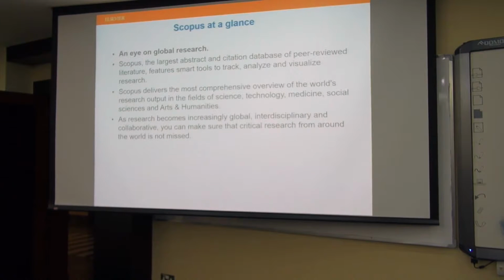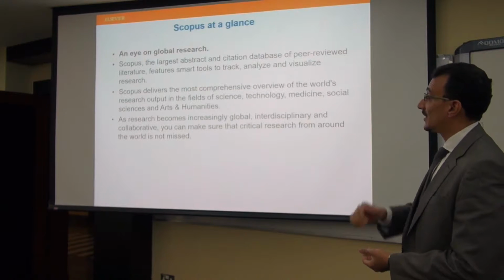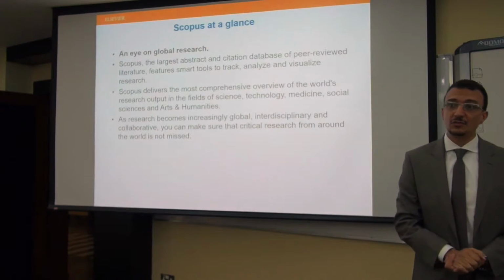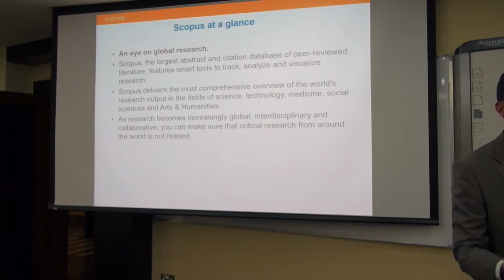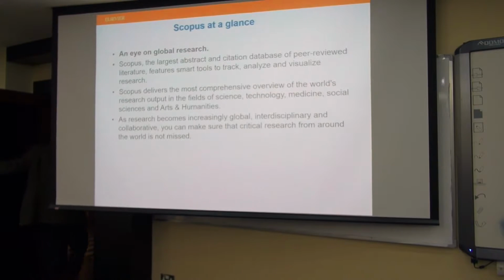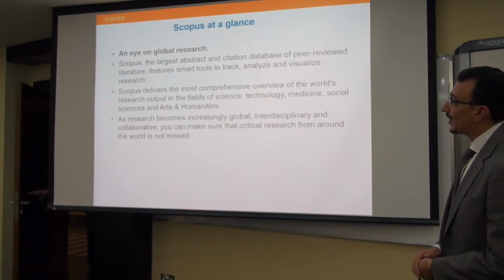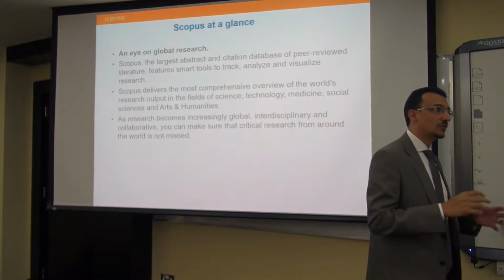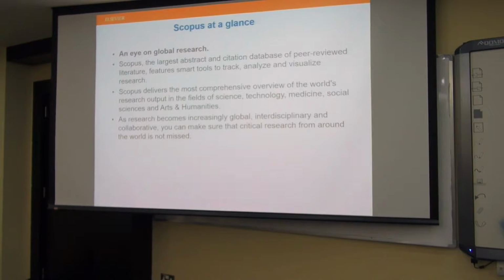First of all, the first slide is an introduction about Scopus. Scopus is the largest abstracted and peer-reviewed database in the world, with around 59 million abstracted records. Scopus gives comprehensive coverage of the literature worldwide, so it's not concentrated on a certain area of the world.